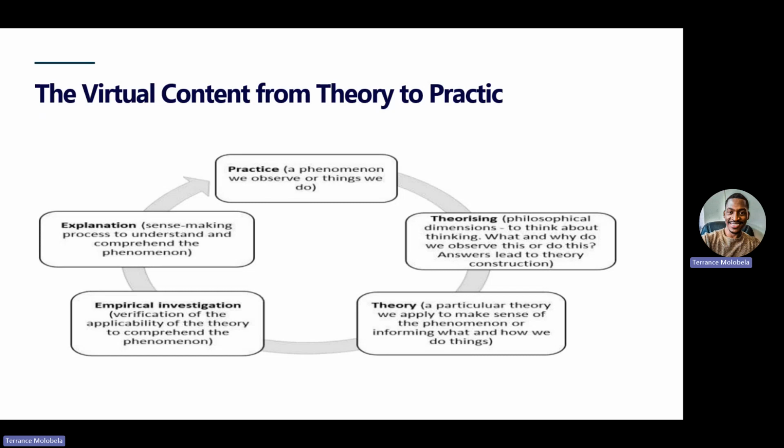And then empirical investigation is more like empirical research, where you verify the applicability of the theory to comprehend the phenomenon. In other words, just because there's a theory and a practice, for that practice to finally be practical in all its entirety, there must be some research that was done to verify its applicability and practicability.